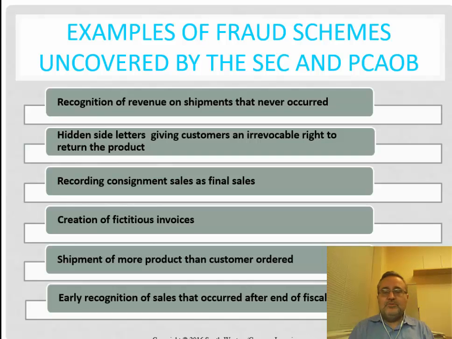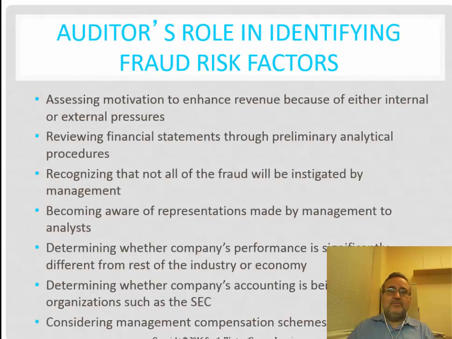This relates to what we were talking about before, where it's possible that within the supply chain there are customers that consider it very possible or easy to return the product if in fact they're not able to sell it. Recording consignment sales as final sales, somewhat related to the earlier issue. Creation of fictitious invoices, shipment of more product than the customer ordered, early recognition of sales that occurred after the end of the fiscal period.